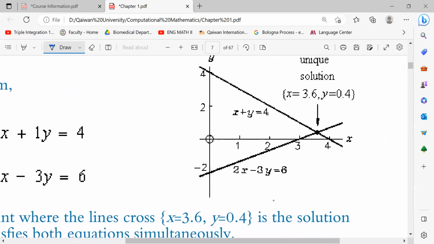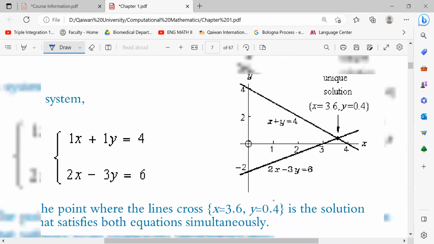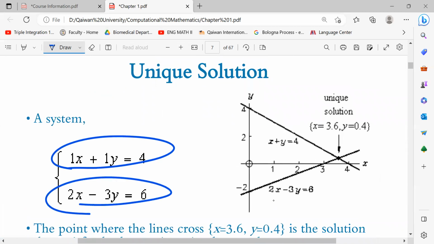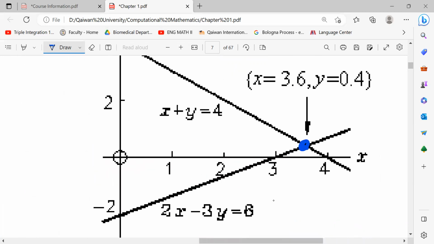As you see, the graphs of these two equations intersect at this point, and that point's x coordinate is 3.6 and y coordinate is 0.4.